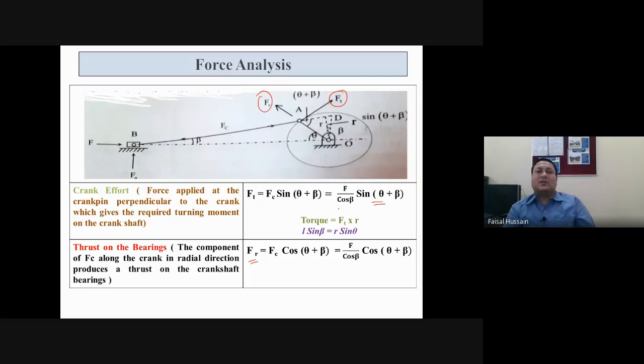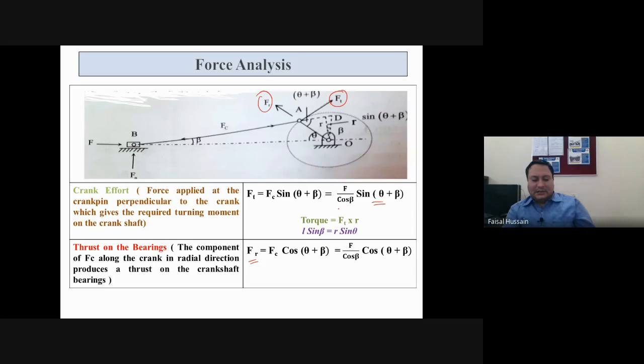Radial force is your thrust, which acts on the bearings, and it is actually a component of connecting rod force Fc along the crank in the radial direction, parallel to the crank, and it produces a thrust on the crankshaft bearing. The thrust which is produced on the crankshaft bearing along the radial direction is termed as Fr, whose expression is represented in this slide.